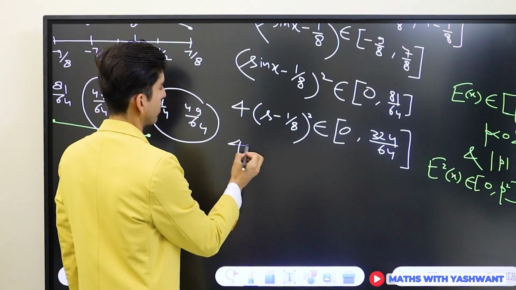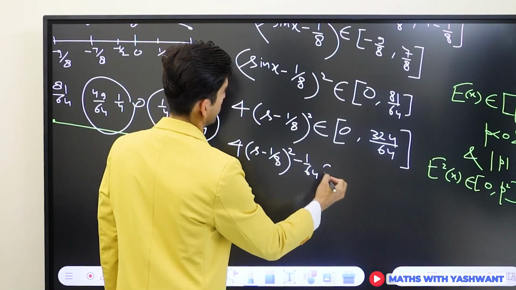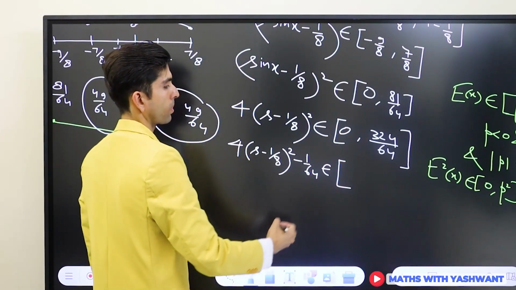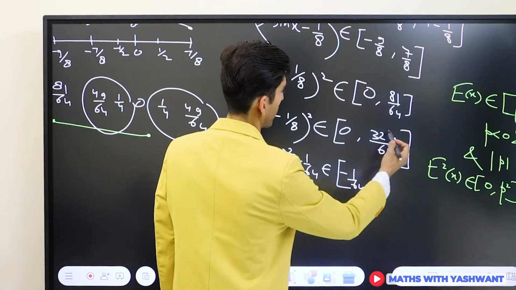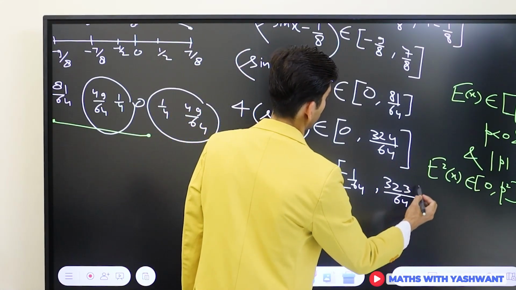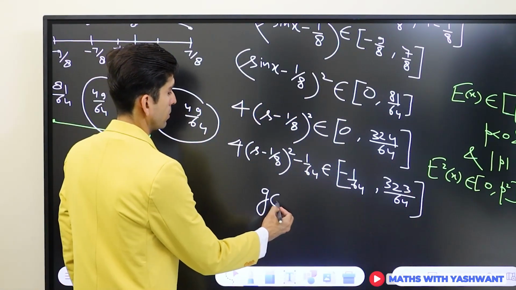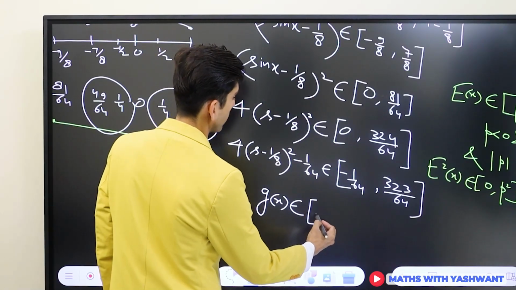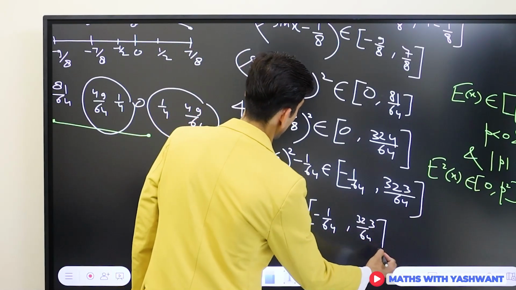Now we add negative 1 by 64, so we get negative 1 by 64, and at the right hand boundary point we get 323 by 64. Now this is your g of x. So g of x comes out to be negative 1 by 64 to 323 upon 64.